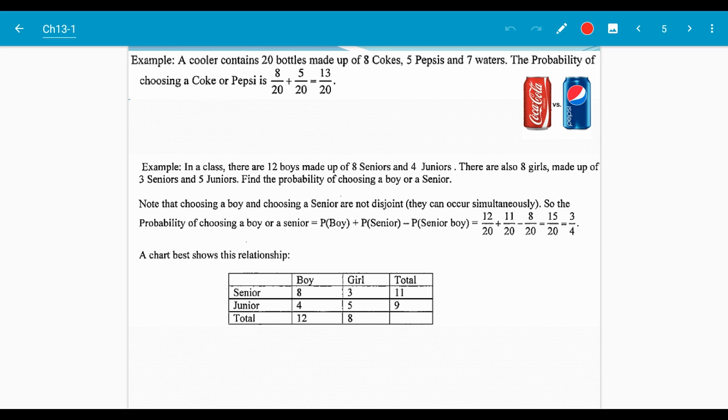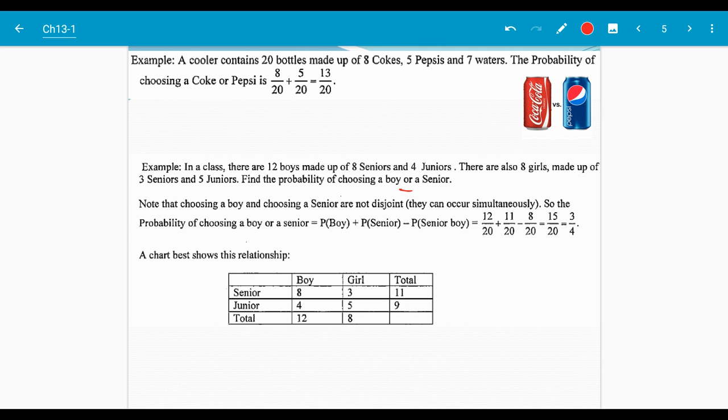Another example here, let's say there's a class where there are 12 boys in this class, and that's made up of 8 seniors and 4 juniors. We also have 8 girls in the class, made up of 3 seniors and 5 juniors. We are interested in the probability of selecting a boy or a senior. All right, so there's that keyword or means add.